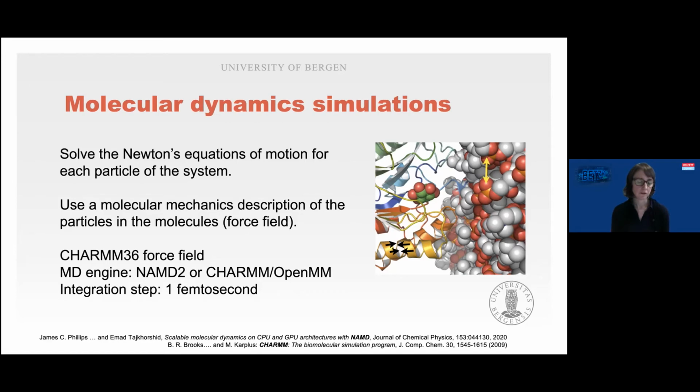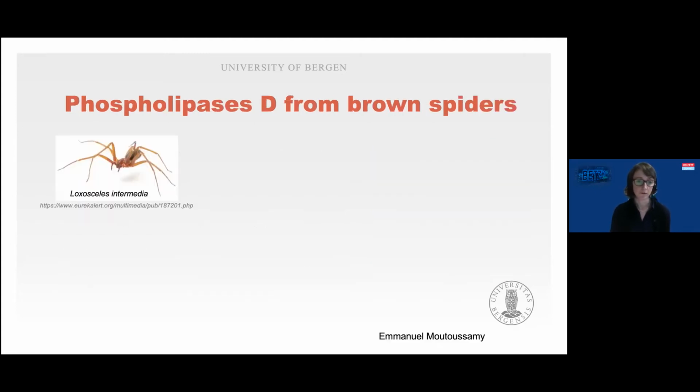The engine we use for molecular dynamics simulations is most often NAMD2. We also use another one called CHARMM based on OpenMM. And typically the integration step for our simulations will be in the order of 1 femtosecond or 2. So if we're going to simulate milliseconds, this is quite a number of integration steps we have to perform.